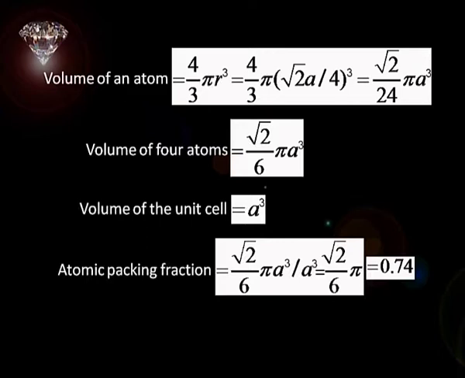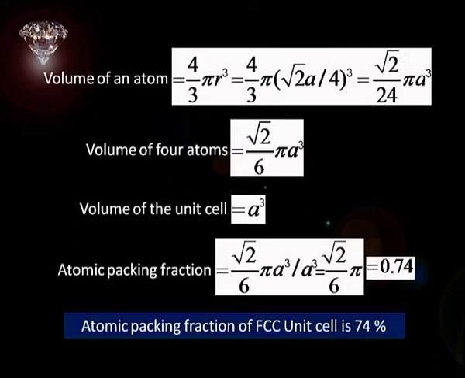That gives the atomic packing fraction as root 2 by 6 pi, which is equal to 0.74. That means the atomic packing fraction of the FCC unit cell is 74%.